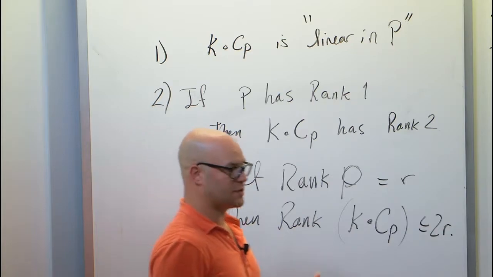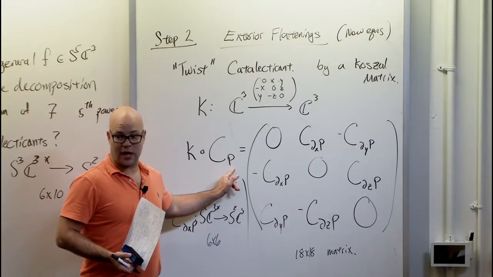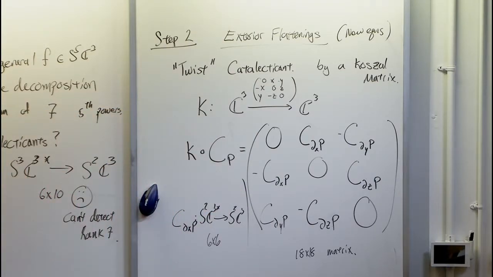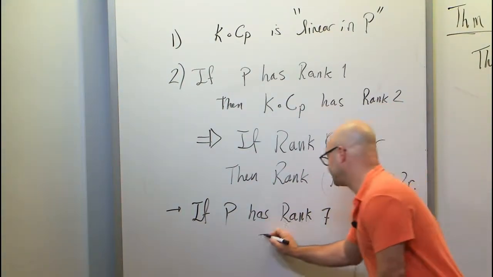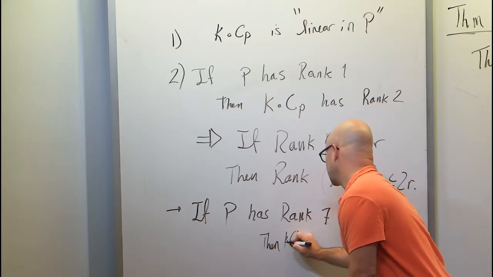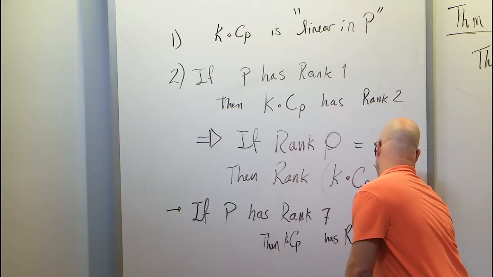So I made this bigger matrix, and it may not have helped me any, but I've tripled the size of the matrix while the rank only goes up by double from what the catalecticant case does. So I get a little bigger range for which I can detect the rank of the tensor. In this case, if P has rank 7, then K twisted with C_P has rank less than or equal to 14.